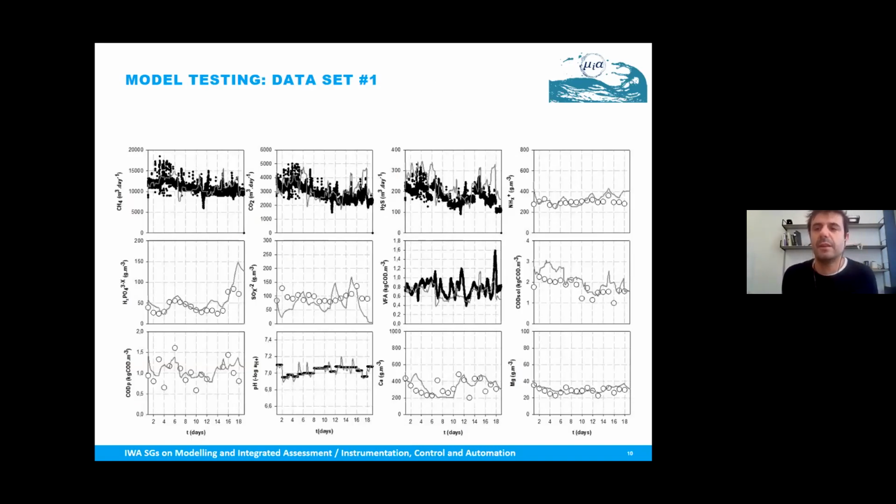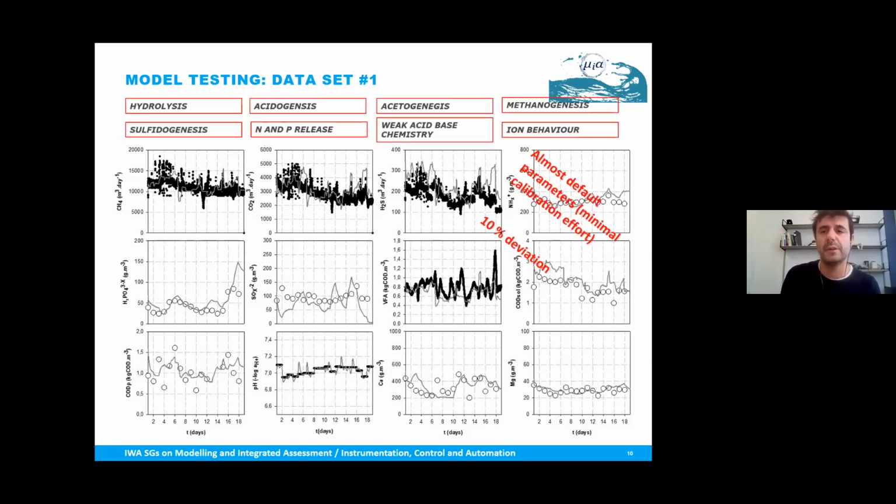We tried to validate this using two different data sets that we collected in different measuring campaigns. Here, in black, we have the plant measurements, and in gray, the simulations, for different compounds: methane, CO2, H2S, ammonia, phosphate, sulfate, VFA, COD soluble, COD particulate, pH, calcium and magnesium.